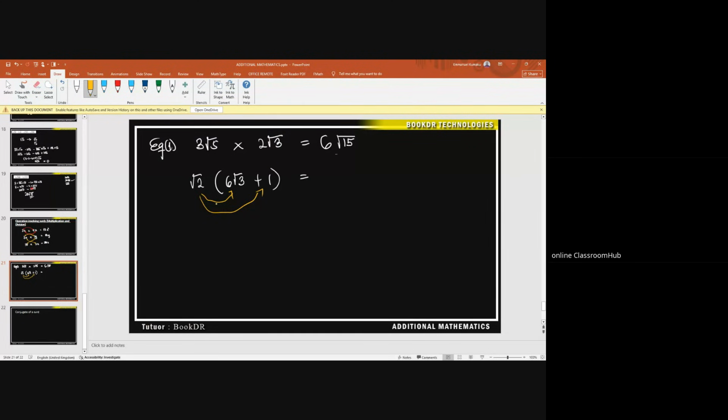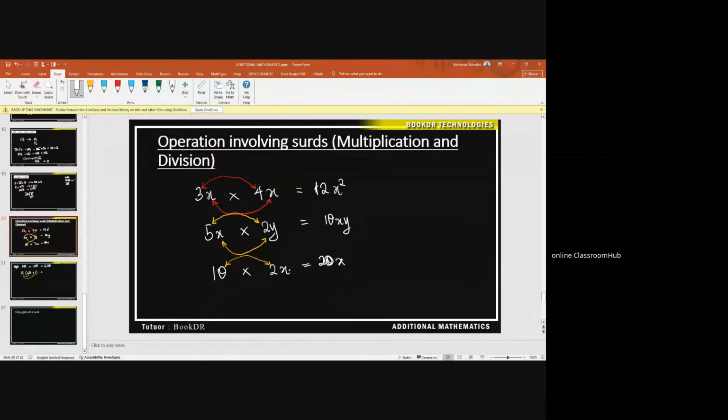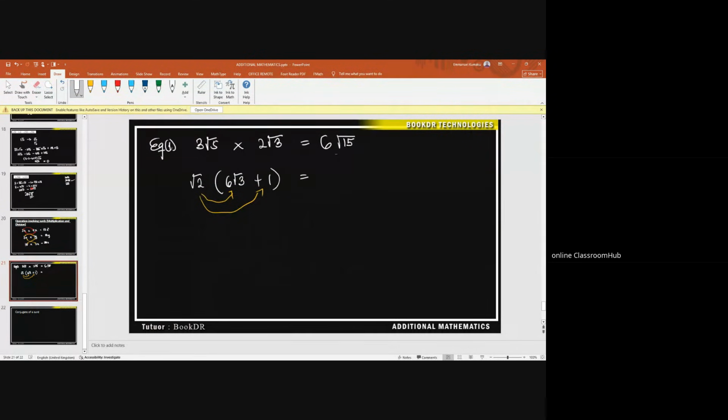That is how we open brackets. So when we are multiplying the root 2 with 6 root 3, it's like as we had 10 multiplying 2x. Only the whole number part will be multiplied. So the 1 will multiply 6, and we have 6. And then the surd will also multiply, and we have root 6.